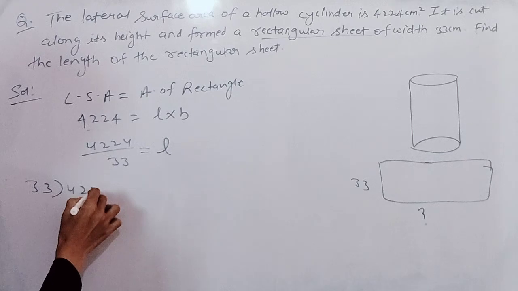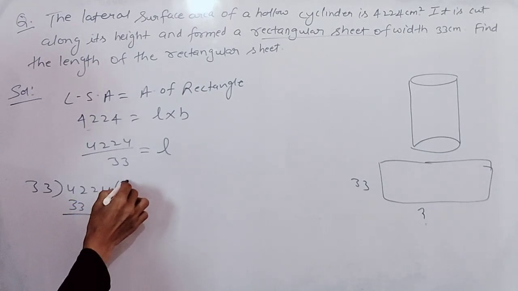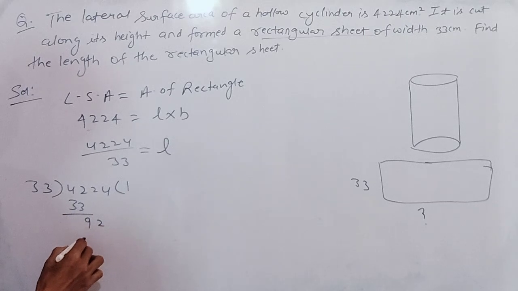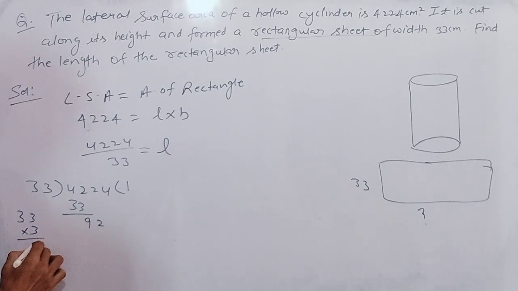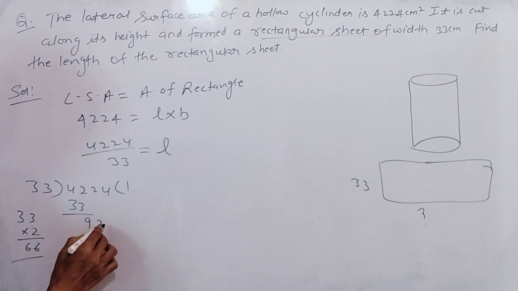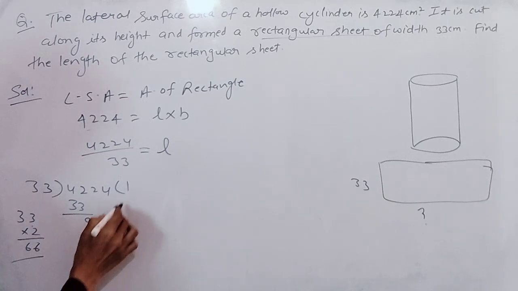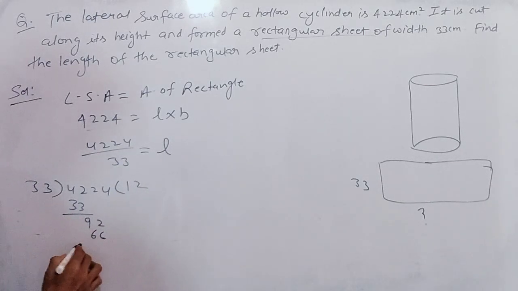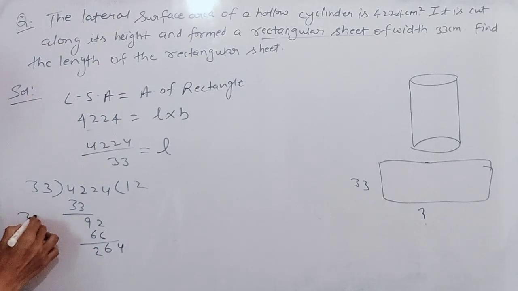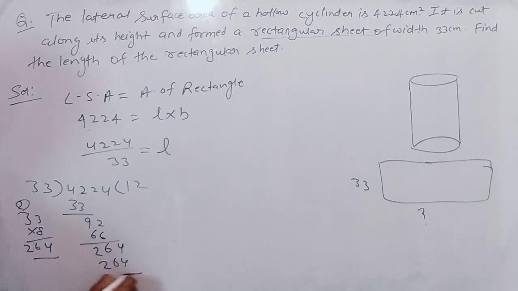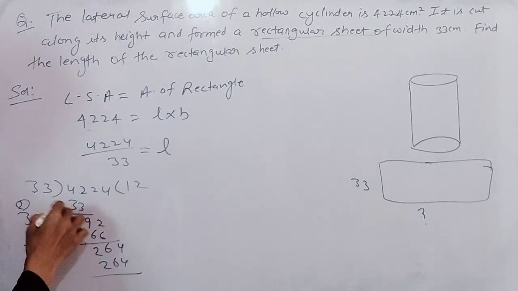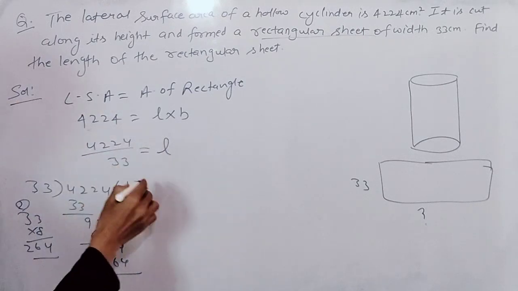33, 4224. 3 3s are 9. 3 2s are 6. 33 multiplied by 8 will be 264.